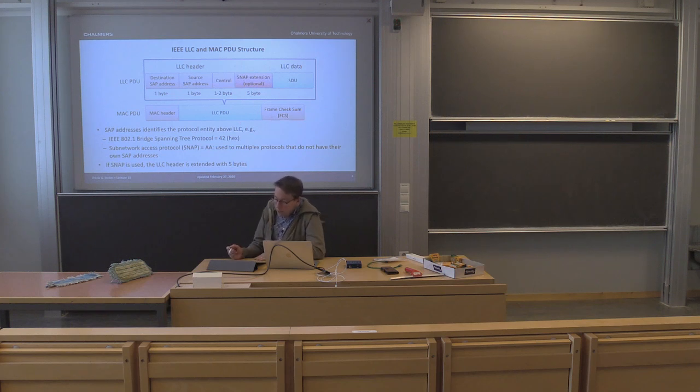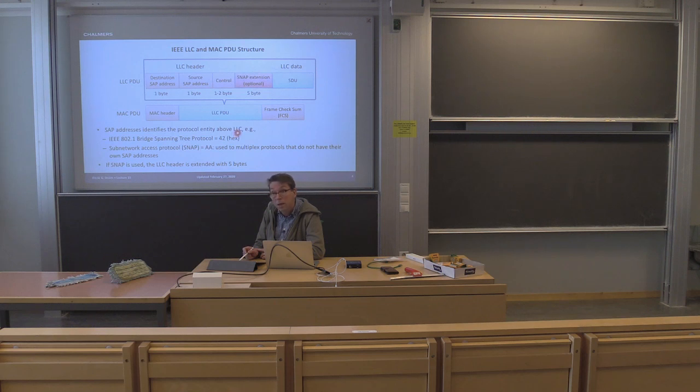So a few things here though. The destination and source addresses here are used for multiplexing. So LLC can support many layers above it, but it needs to know from which protocol layer the data came and where it should head, right? So the source and destination SAP addresses identify the protocol entity above the LLC, okay?